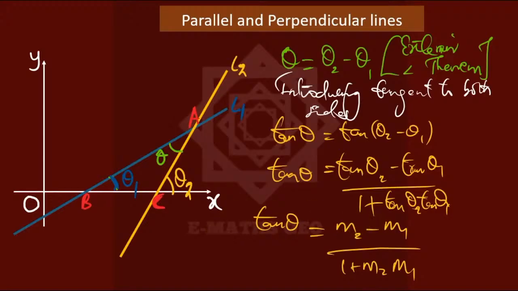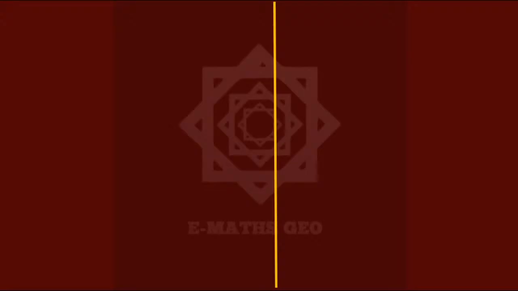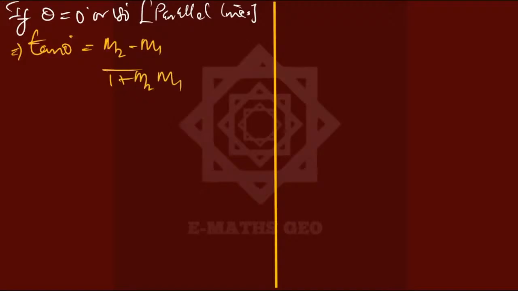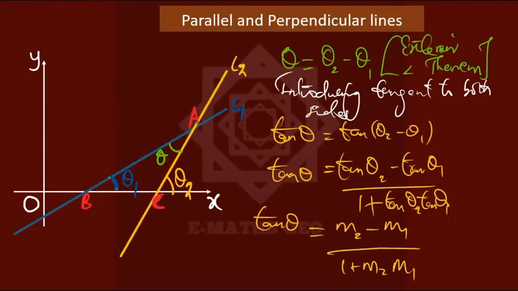So if theta is 0 or 180, meaning parallel lines, tan 0 is equal to m2 minus m1 over 1 plus m2 m1.